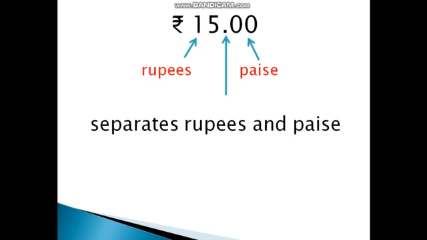So whatever amount we have, if we have an amount written like this, we should know that this is rupees, then this is paise, and this dot separates rupees and paise. Means when money is written like this and we have a dot, on the left hand side we have rupees and on the right hand side we have paise.